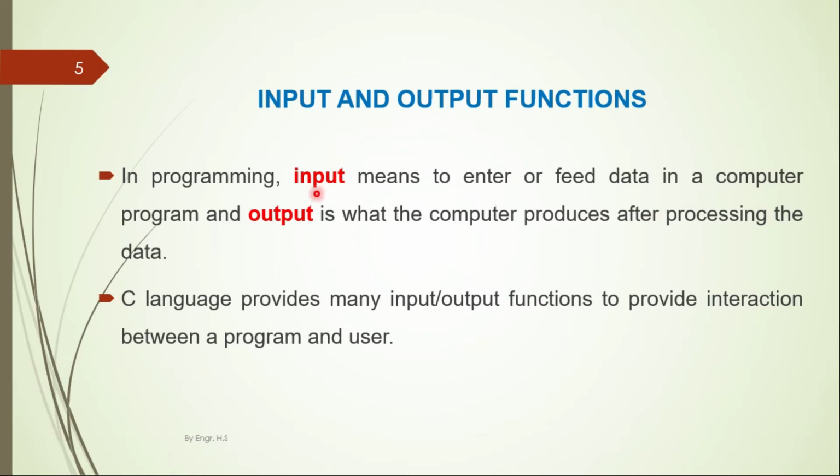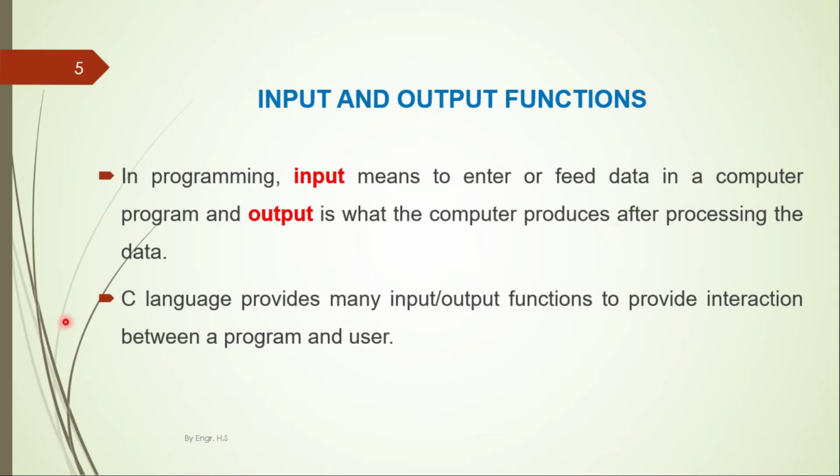So in programming, input means to enter or feed data in a computer program. Anything which you are adding in your computer program is called input. And output is what the computer produces after processing the data. In C programming, what you get at the end on the black screen will be your output.